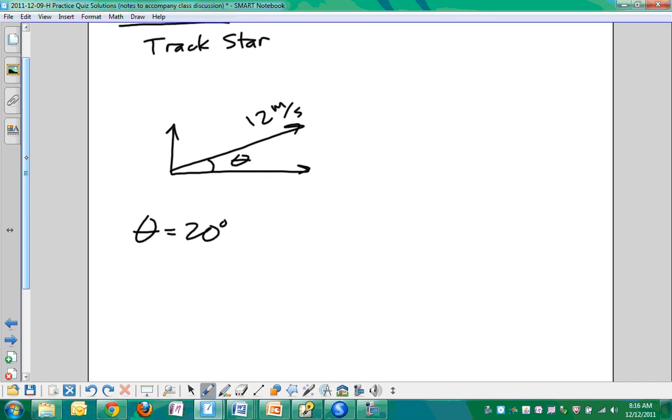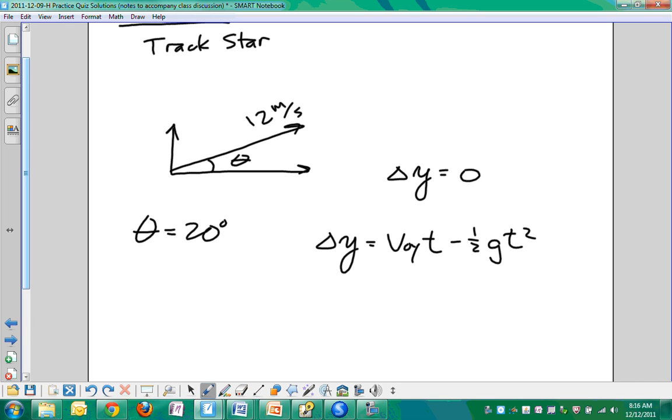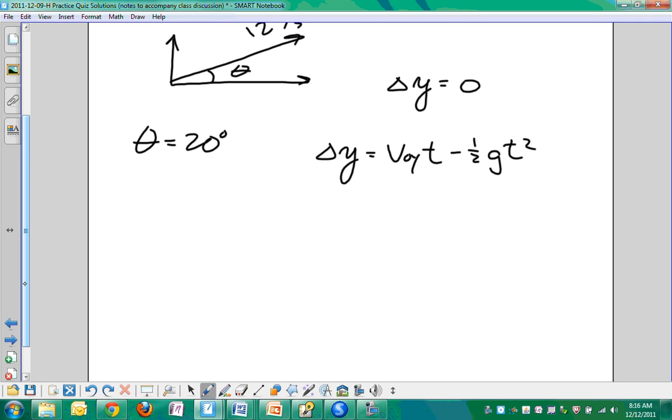Okay, so for a full parabola problem, we know delta y is equal to 0. And since we're dealing with that, delta y is equal to v naught y t minus 1/2 g t squared. That's just the, anyone? Meat grinder equation.